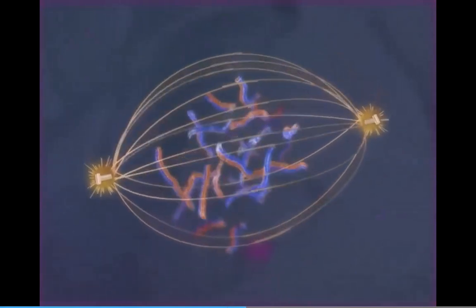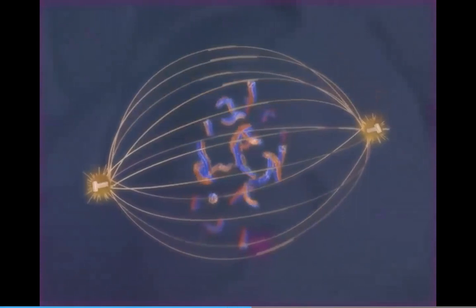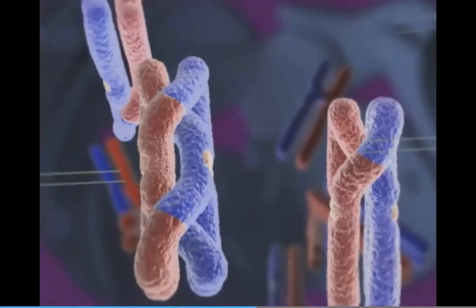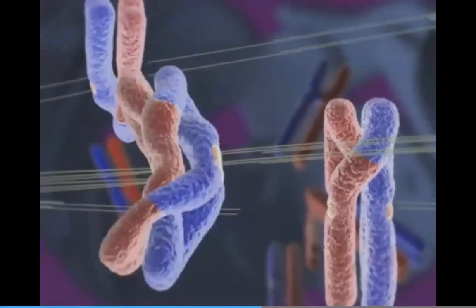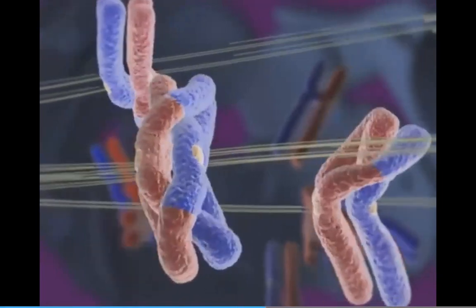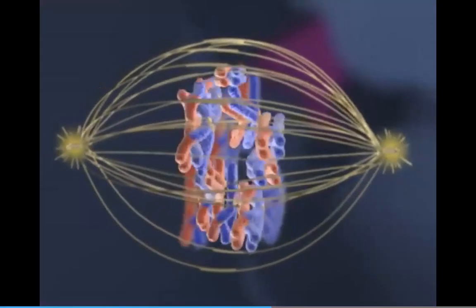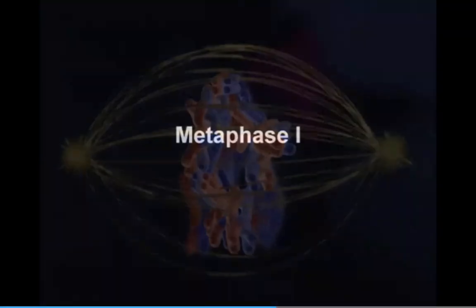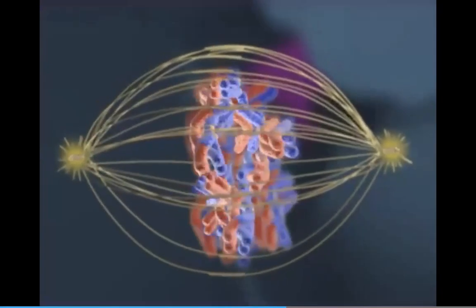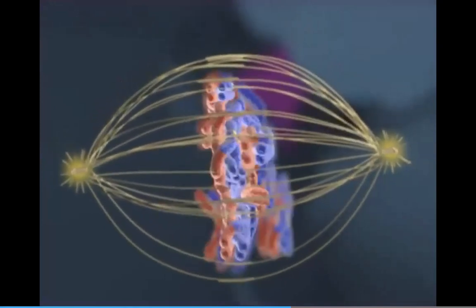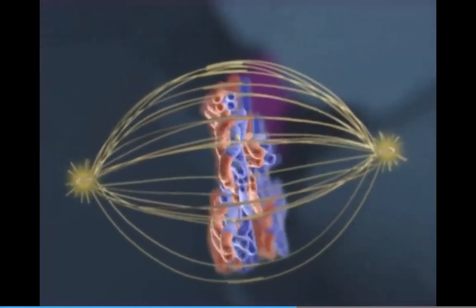After the spindle forms and the nuclear envelope breaks down, microtubules from opposite poles attach to each chromosome of the homologous pair, resulting in a tug-of-war. At metaphase 1, the chromosome pairs are positioned in the middle of the cell.